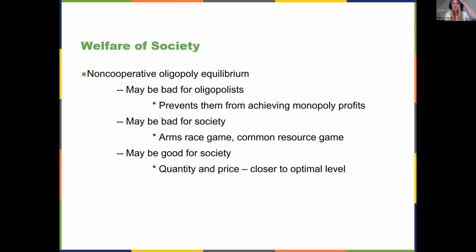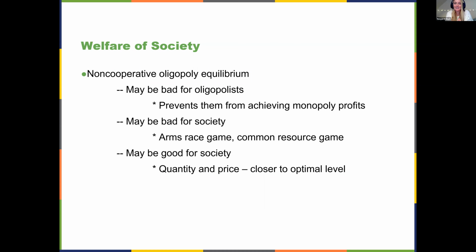So we talked about oligopoly behavior from the point of view of game theory. And on this last slide of the lecture notes, I wanted to explain, what does this really mean for society?